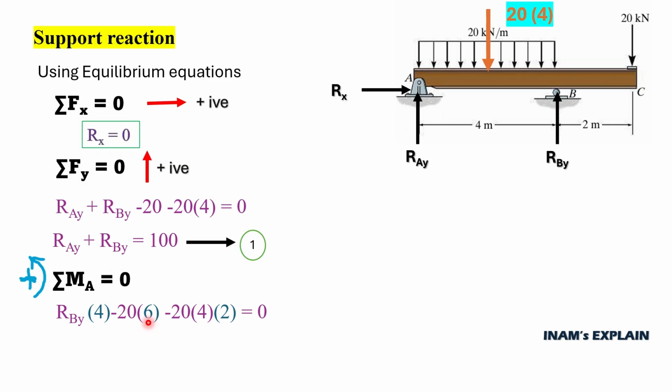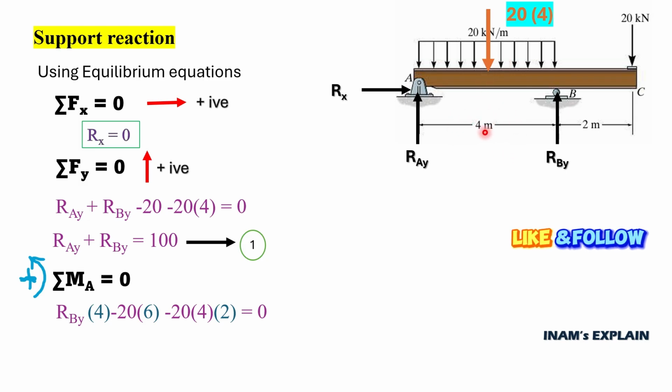So this will be the perpendicular distance. Now this uniformly distributed load is also producing a clockwise moment at point A, so it will also be negative. The point load of this uniformly distributed load will be the area of this rectangle, which is 20 into 4, and it acts at the mid of the length.